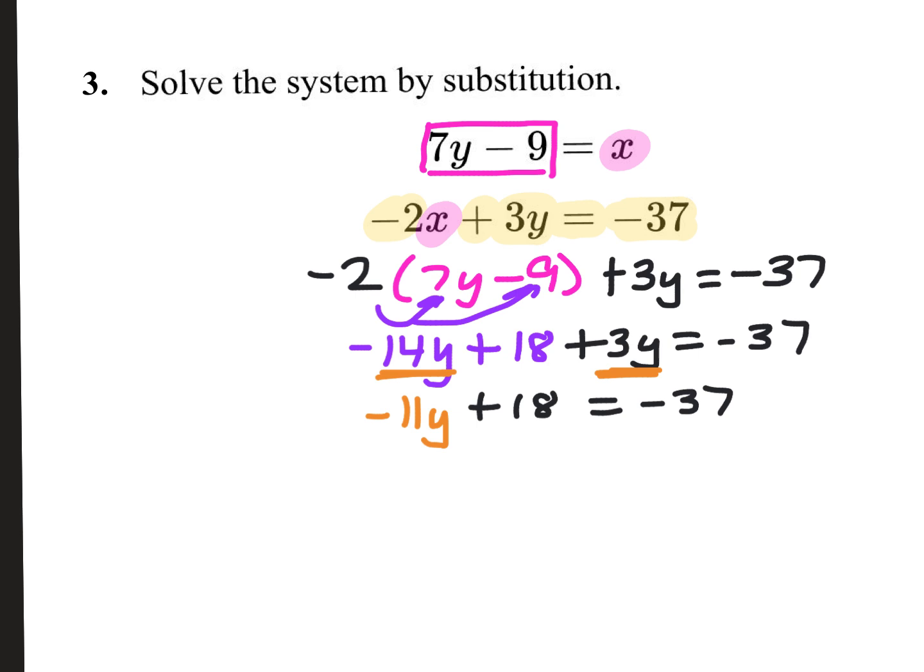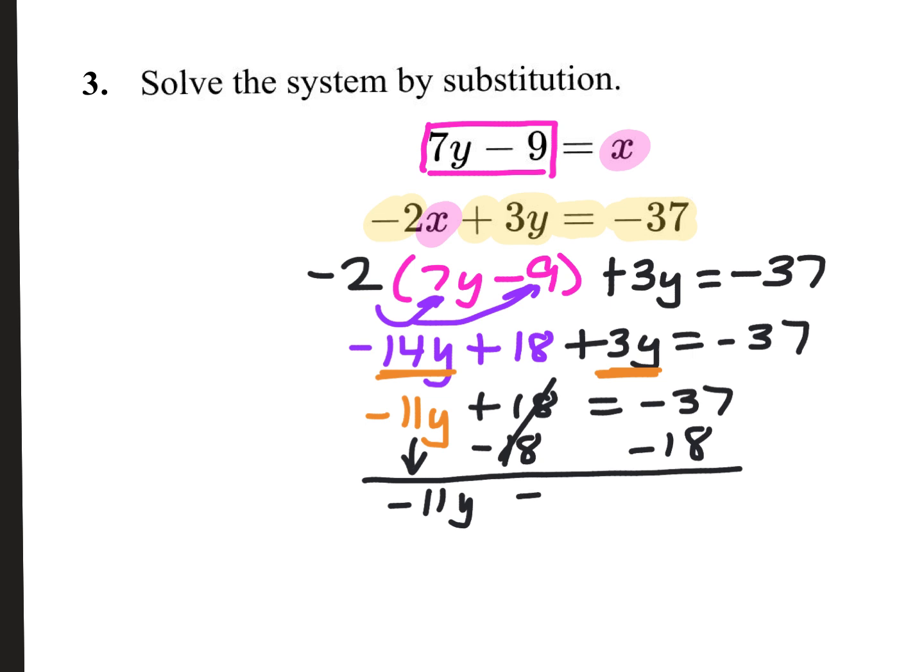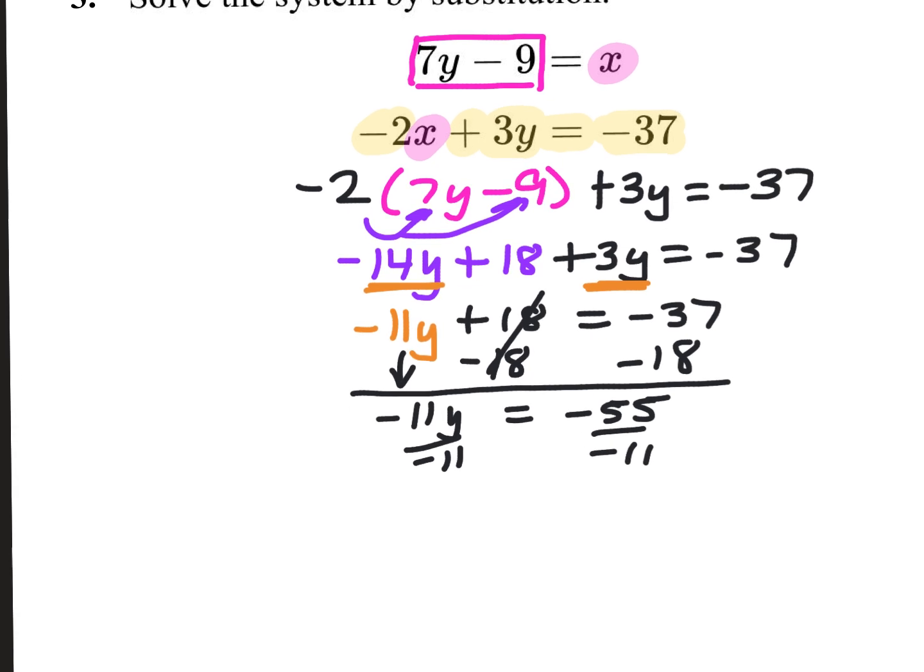So to cancel plus 18, I'm going to do a minus 18 on both sides. That cancels. I'm going to bring down my negative 11y. Negative 37 combined with a negative 18 is negative 55. And then I need to divide both sides by negative 11 so that my y-coordinate is equal to 5.